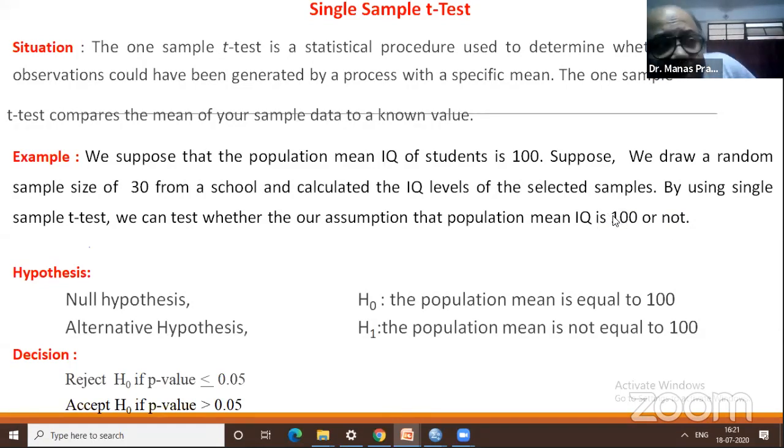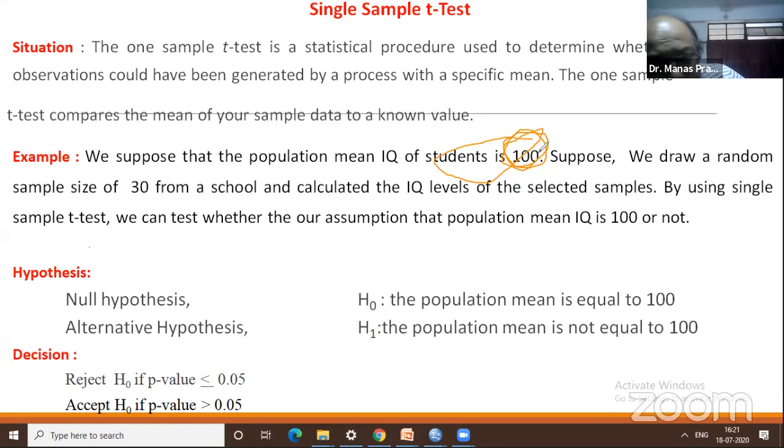I can check, using the sample, whether the assumption we have considered, that the mean IQ level of the students of this school is 100, is true or false.